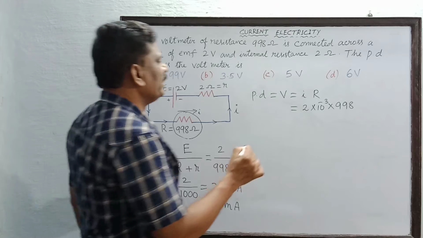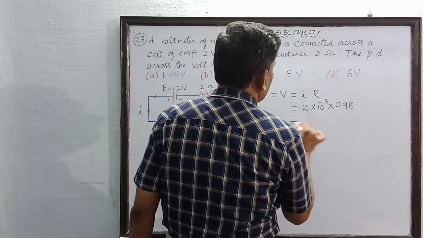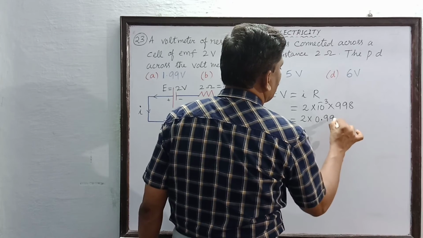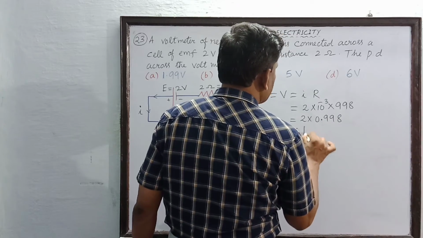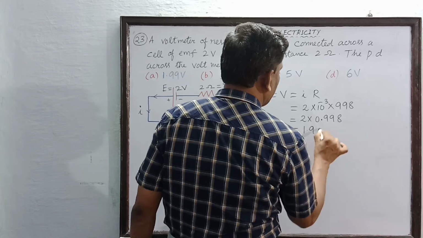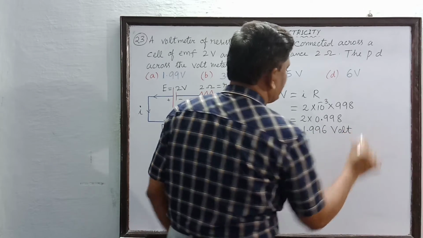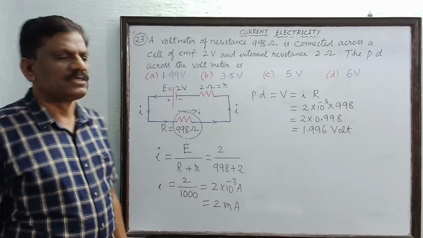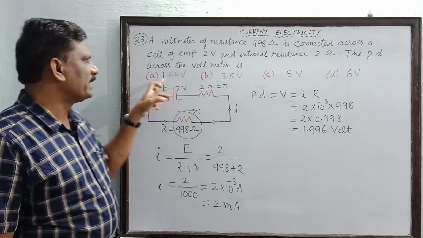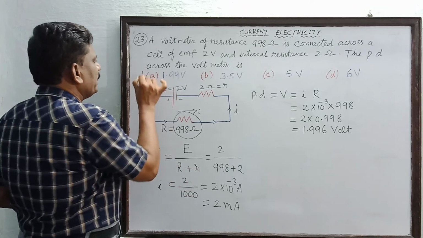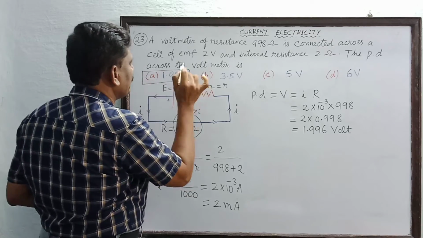If you multiply, it is 2 into 0.998, which is equal to 1.996 volt. So out of the 4 options, the correct one is option A. Option A is the correct answer.